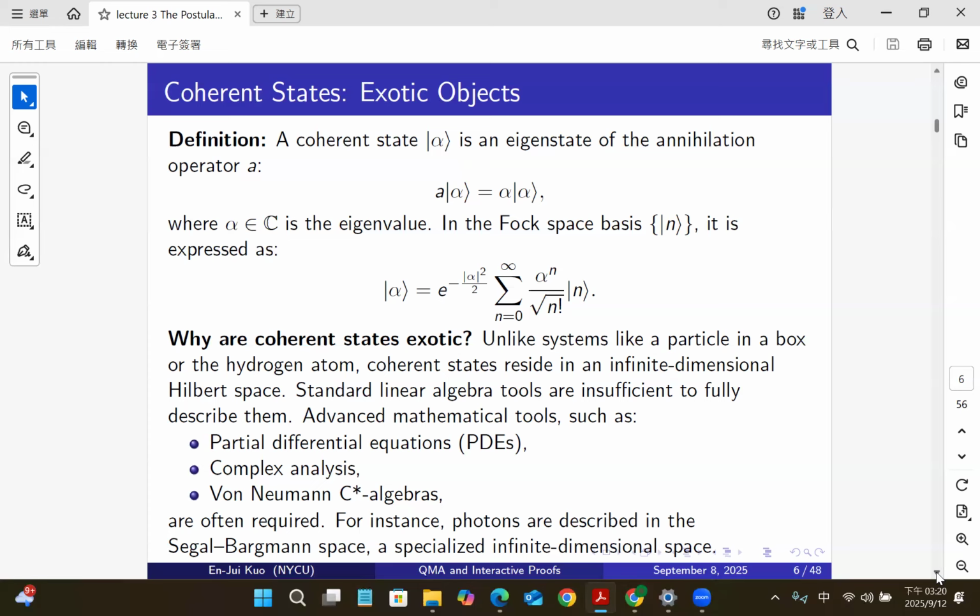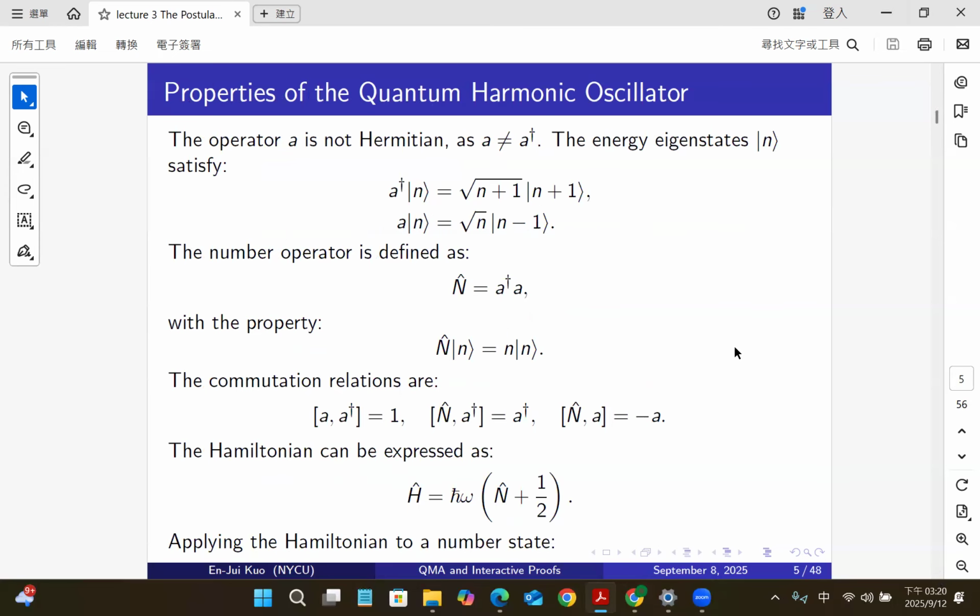So notice that when a is applied to n, remember the previous slides, we get the square root of n times the state n minus 1. And the square root of n and the square root of n cancel, right?